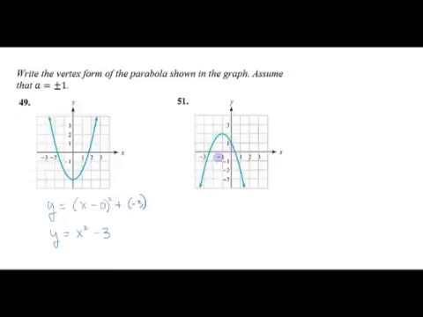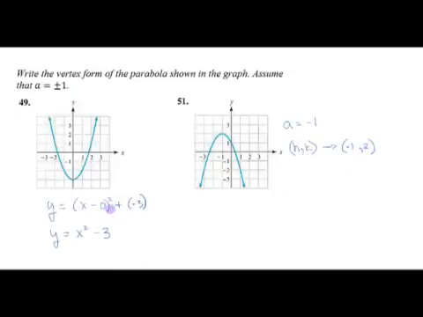With this parabola, I notice that first of all it's opening down, so that must mean that my a is negative 1, and my h, k is going to be the new vertex of negative 1, 2.